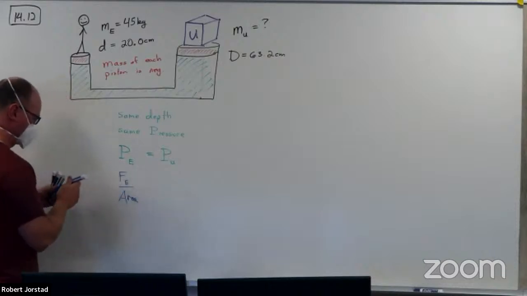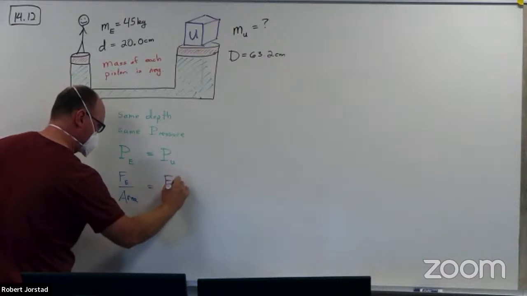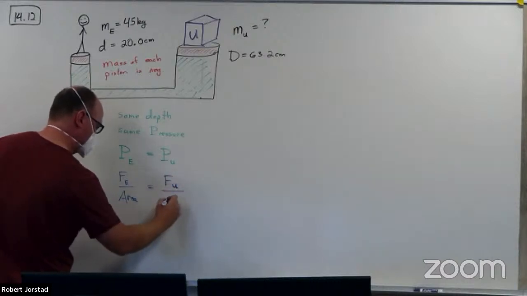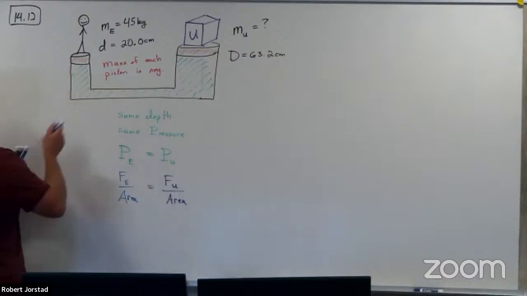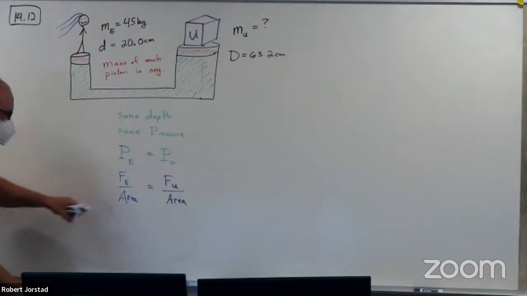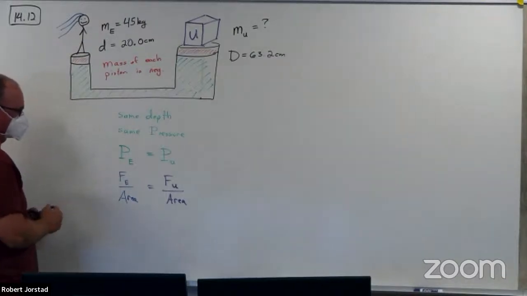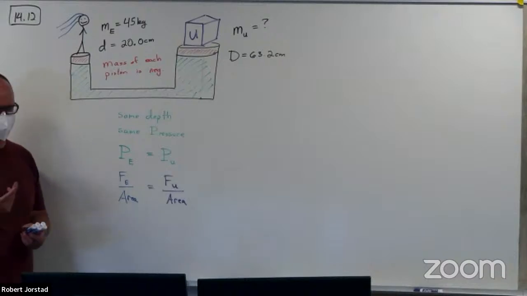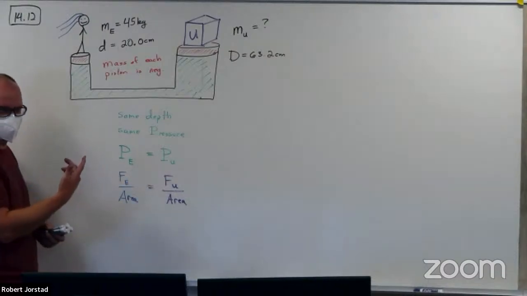Sorry about that. Maybe I'll draw Esme with blue hair here so we can keep track. Okay. Now in this case, do you agree that the force that Esme exerts is just mg? Right? And the force of the uranium would be mass of the uranium times g.